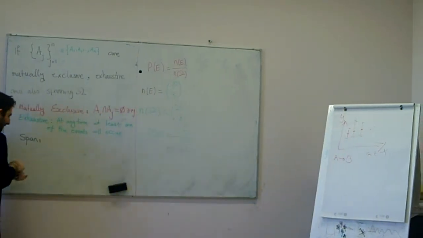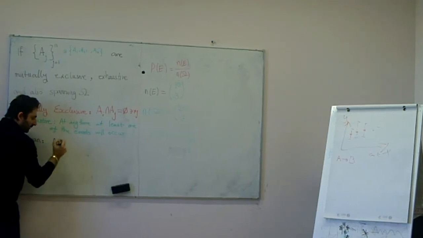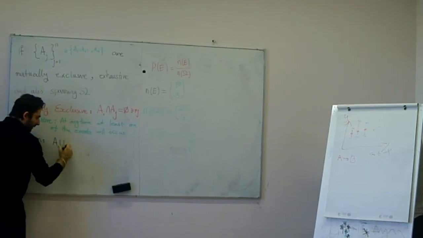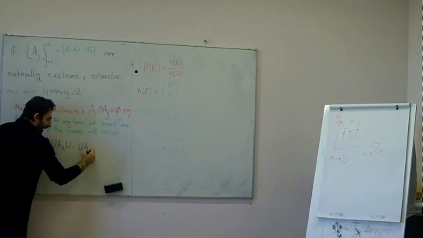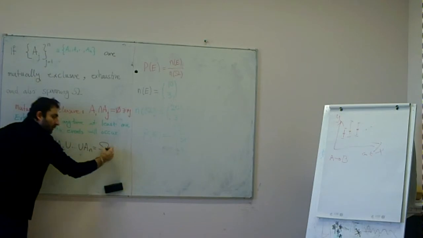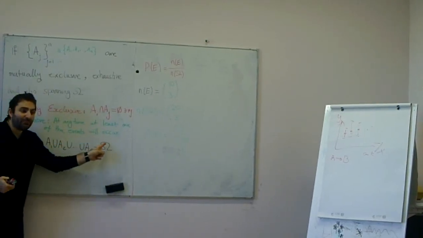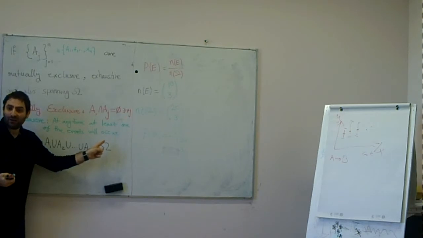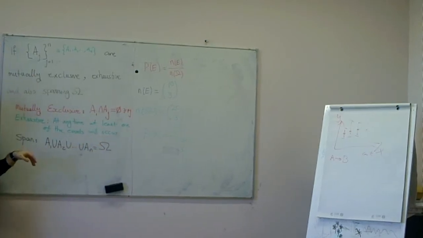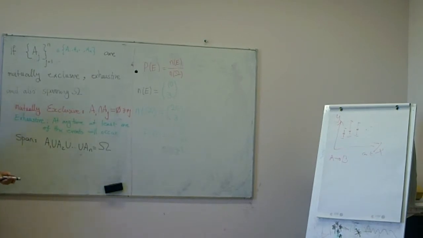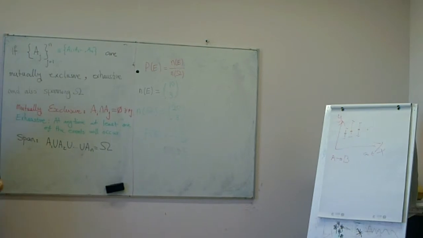It means, Morteza, that A1 union A2 union AN is equal to omega. In other words, there is not a member in omega which does not belong to any of the Ai's. Now, you see, this is long. We are using this notation from now on.